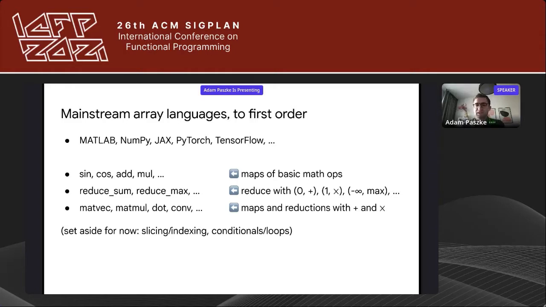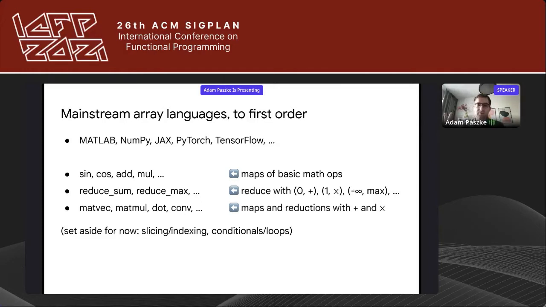If you start Googling for array languages, what most people use is something like MATLAB, or the whole explosion of Python-based DSLs for array computing, and most of those look very similar. The basis of them is that you have a whole bunch of basic math ops. Then you might have a few hard-coded reductions, probably plus, times, max, and minimum.